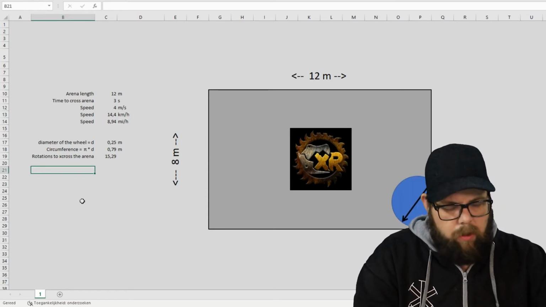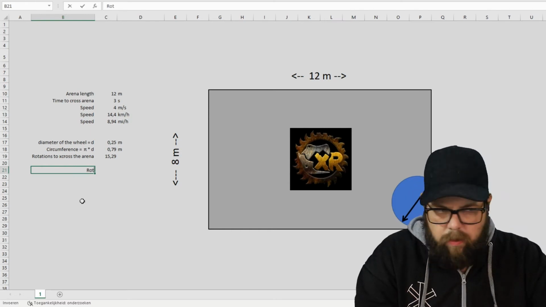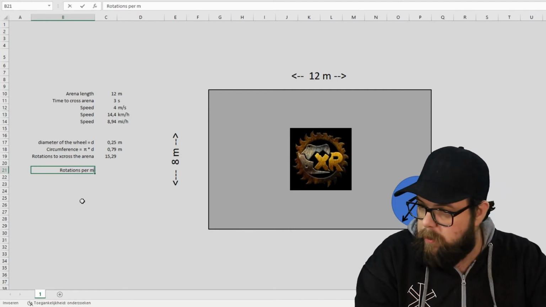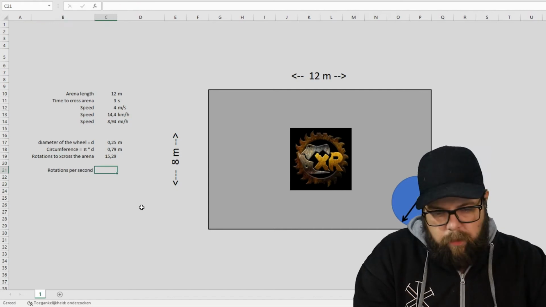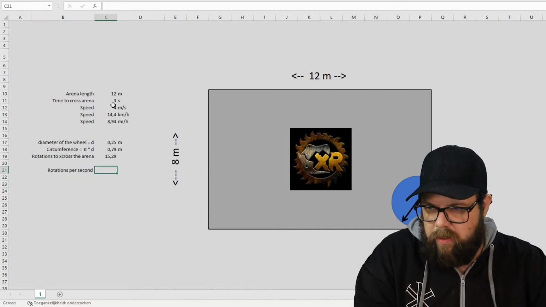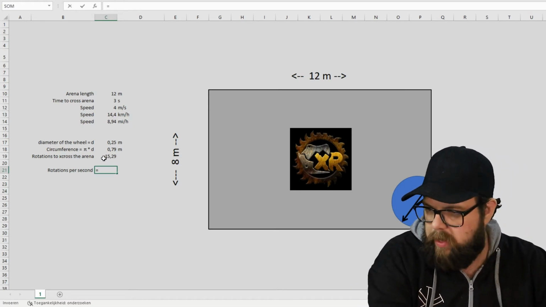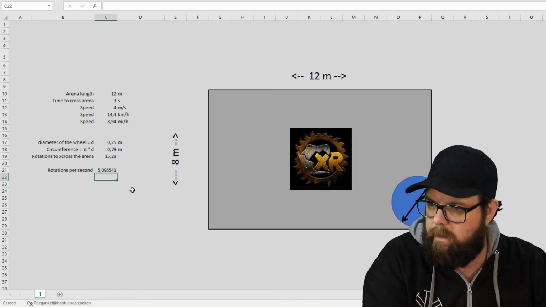And we want to know how many rotations per second. Let's do second first. We know we want to cross it in 3 seconds and it has to do 15 rotations in that time. So we take the amount of the rotations and divide it by 3.